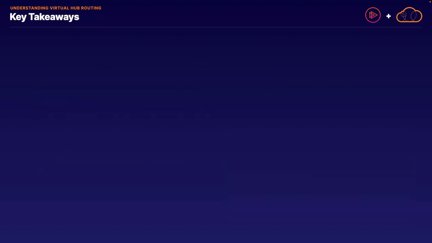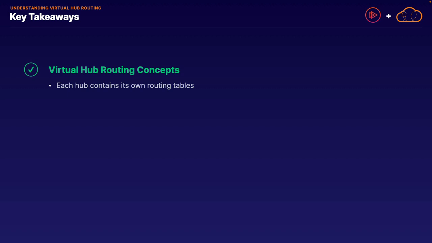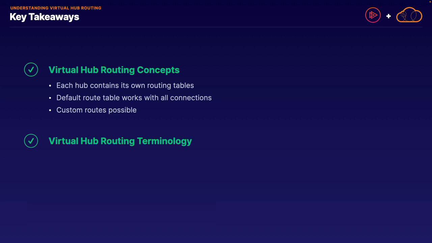Let's once again go ahead and review our key takeaways before moving on. We started off with the high-level virtual hub routing concepts, in which we learned that each hub contains its own routing table, which also include a default routing table, which by default work with everything connected to that virtual hub, although custom routes certainly are possible. We then discussed the routing terminology to be familiar with, which include association, in other words, a connection will learn hub routes, and propagation, in which a connection will propagate or contribute its own routes to that virtual hub routing table.